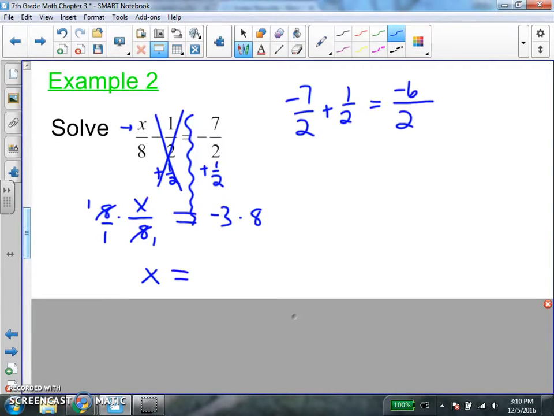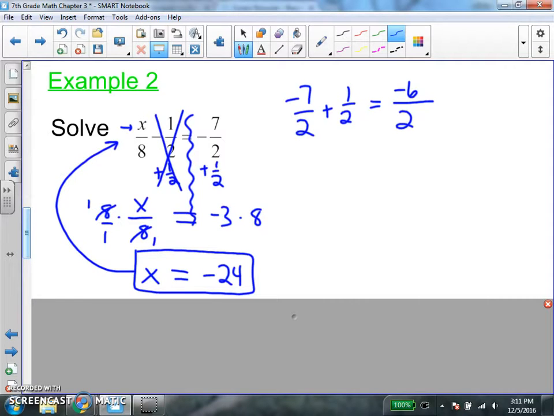So x equals, and I have different signs. When I'm multiplying integers with different signs, I always get a negative answer, and 8 times 3 is 24. So negative 24. Plug your answer back into this equation and see if they balance each other out, if you get the same thing on each side.